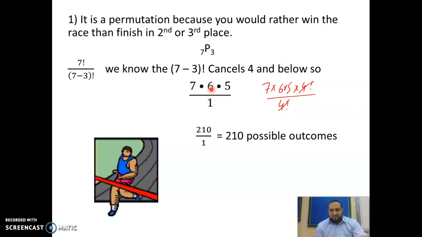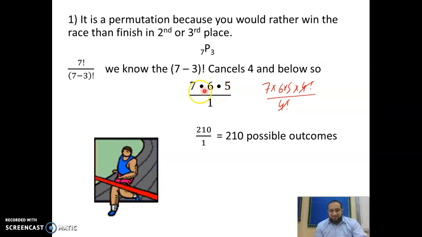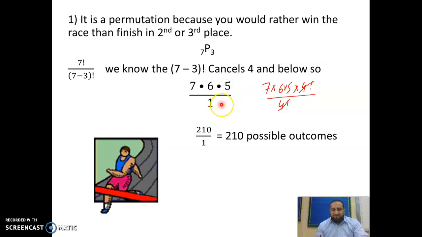So 6 people are left over, so we have 6 ways to choose a person. And since first place and second place are occupied, the third place can be any one of the remaining 5 people.